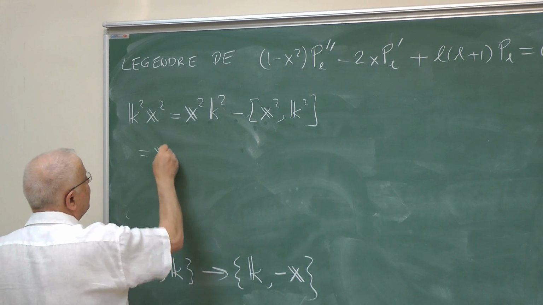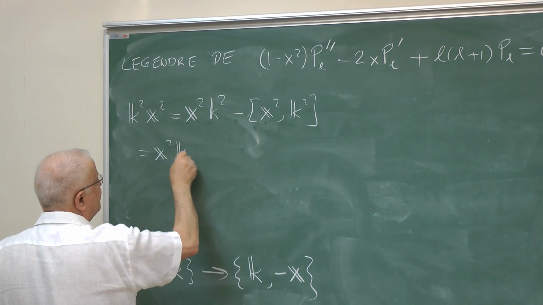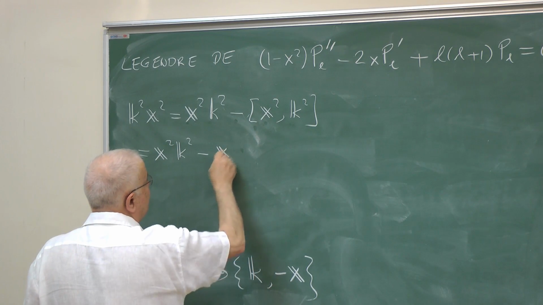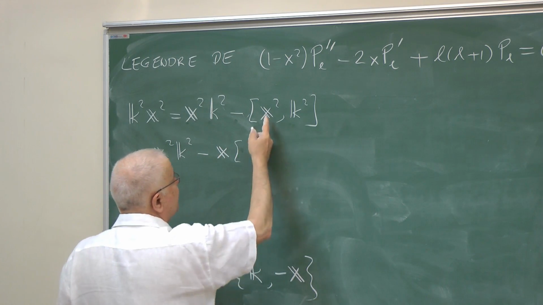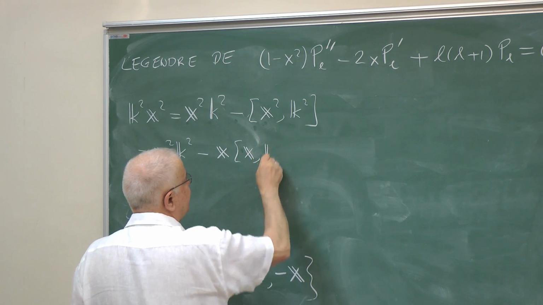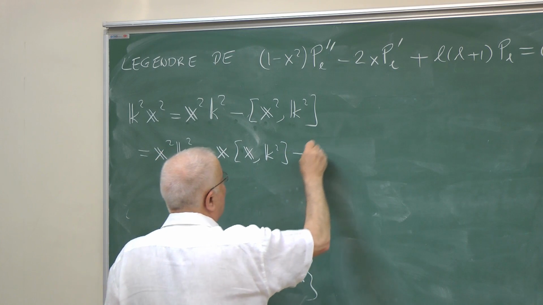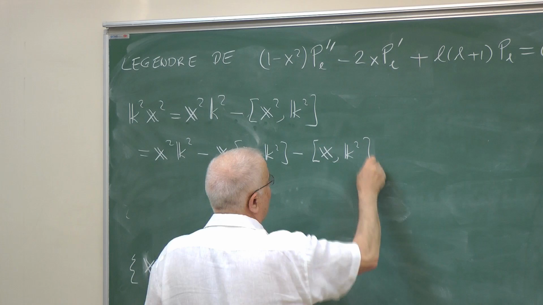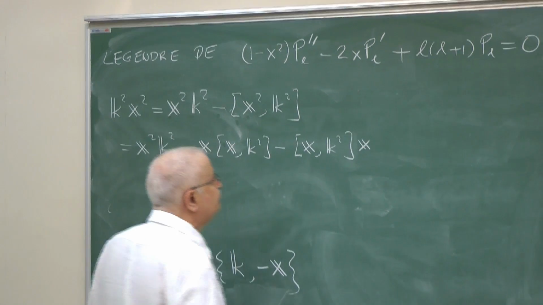Well, the first term, I keep it as it is. And this thing, using commutator properties, I take x to the left: x k square minus x k square x.